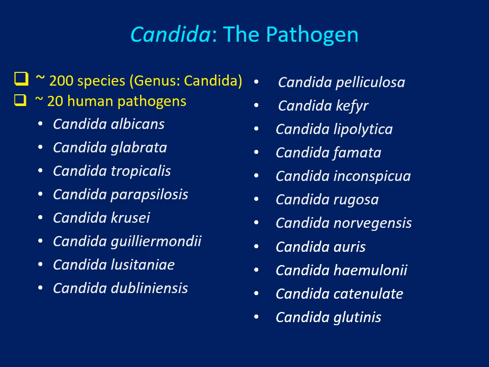It is resistant to several antifungal agents, and it can be transmitted from one person to another. So if you get a question in your exam, which Candida deserves isolation practice if you have a patient with Candida infection, you would assume that the right answer will be those affected by Candida auris.